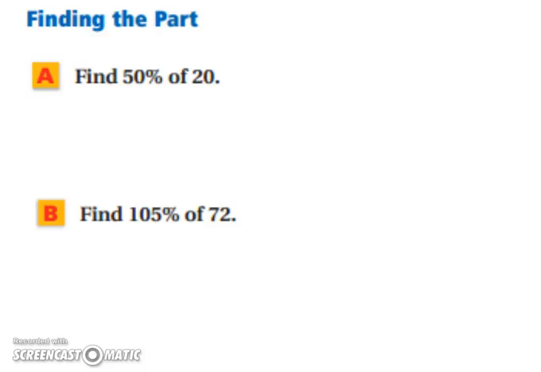Let's try a couple. Find 50% of 20. So we just talked about the idea of is over of equals percent over 100. So find what is 50% of 20. Now I'm sure many of you can do this one in your head, but for practice, we're going to do the math out.